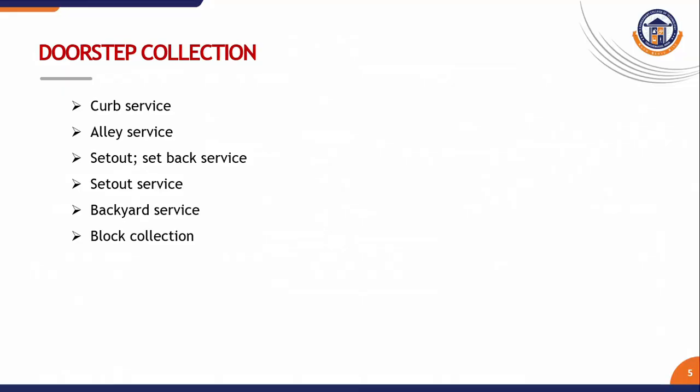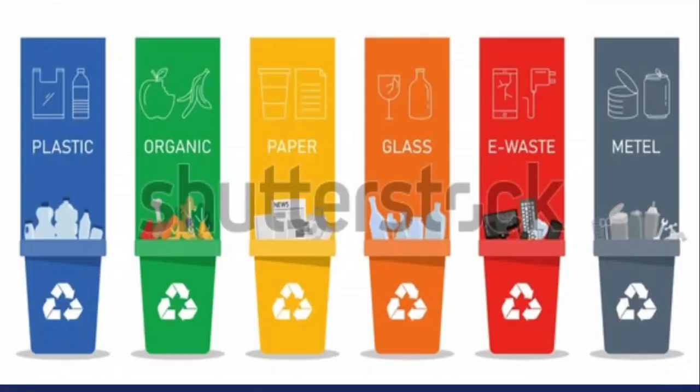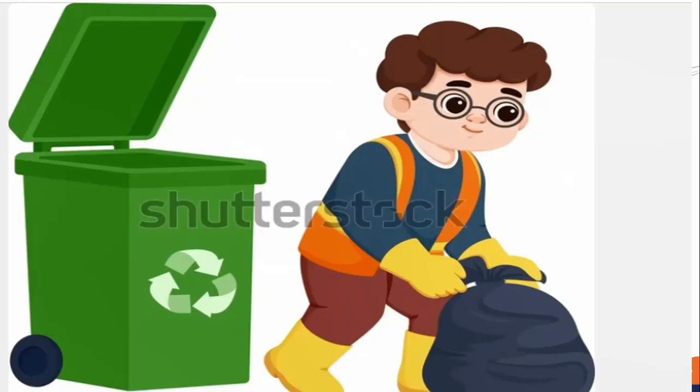Here different color codings are given for plastic waste, organic waste, paper waste, glass waste, e-waste and metal waste. The picture shows the recycling of waste.